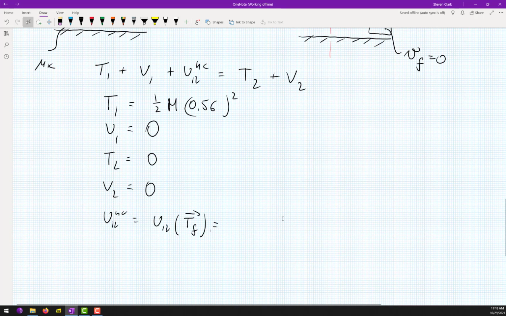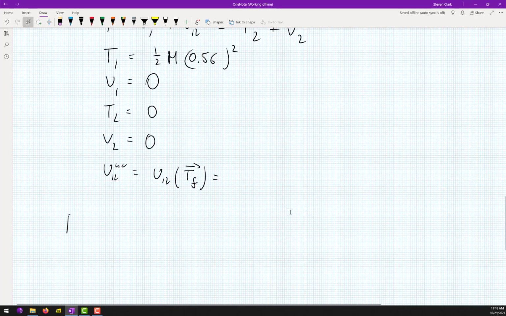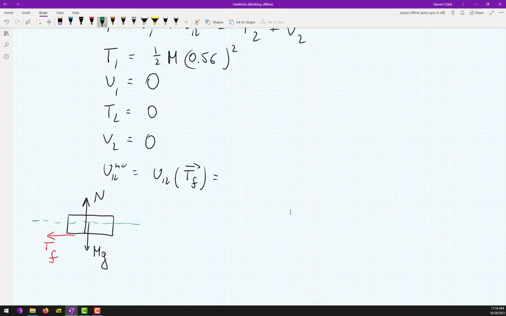So let me draw a free body diagram very quickly. This is our mg, this is our N, and I also think that we have a friction force acting in this direction. And this is our trajectory with ds pointing this way. So I can write the integral from 0 to d of Tf ds, negative, of course.